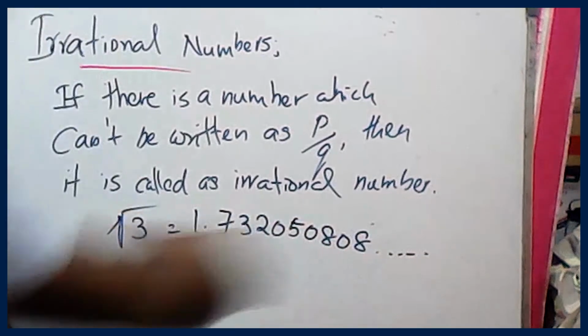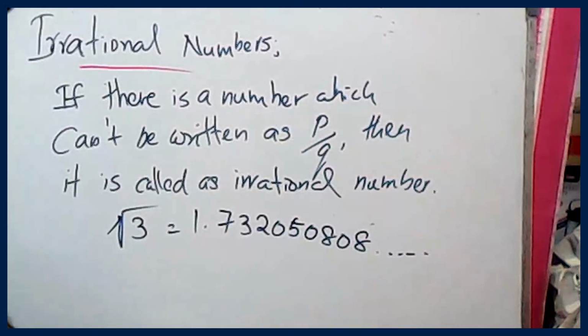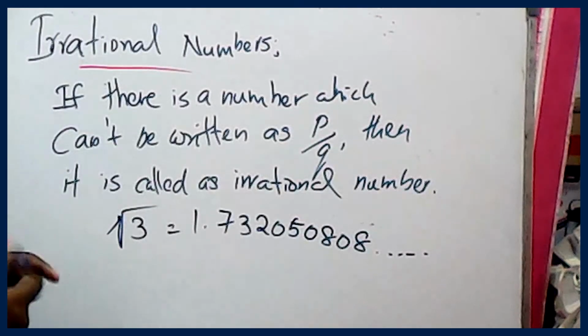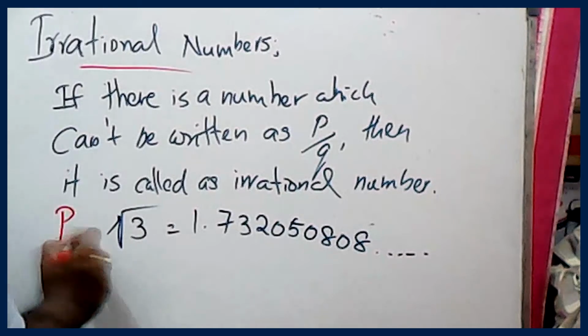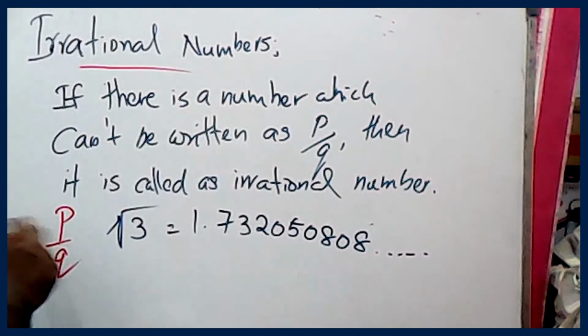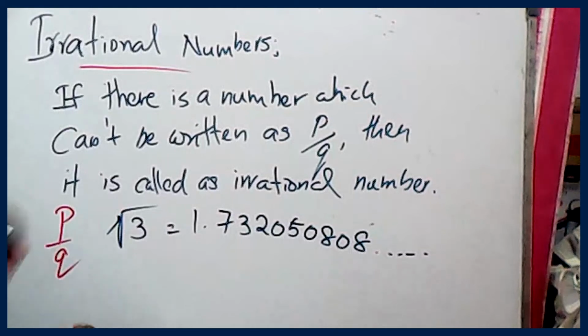Likewise, this goes on to infinity. So you can't write this number as P over Q. You can't find a P and Q which is equal to this. This kind of number we call irrational numbers.